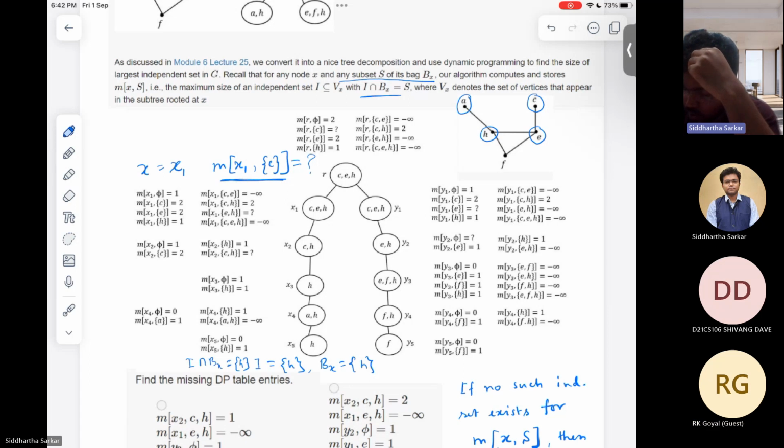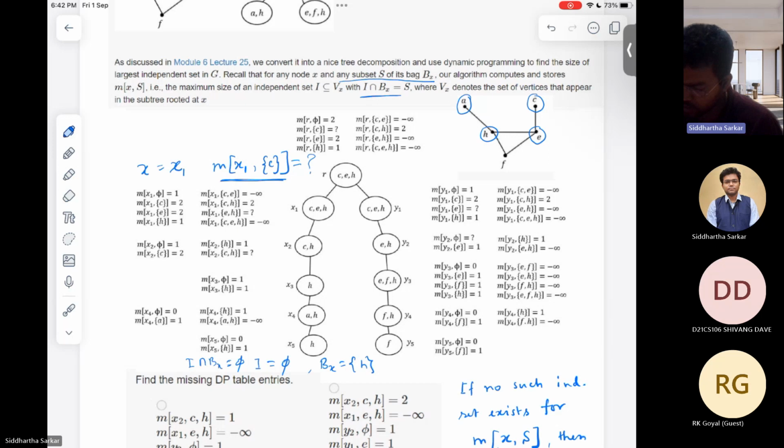Therefore, we cannot say it is 1. So the independent set itself is phi. Phi will satisfy this, like you have explained. That is the reason we have an empty independent set, and that is the reason x5 comma phi is 0. So that is the base.